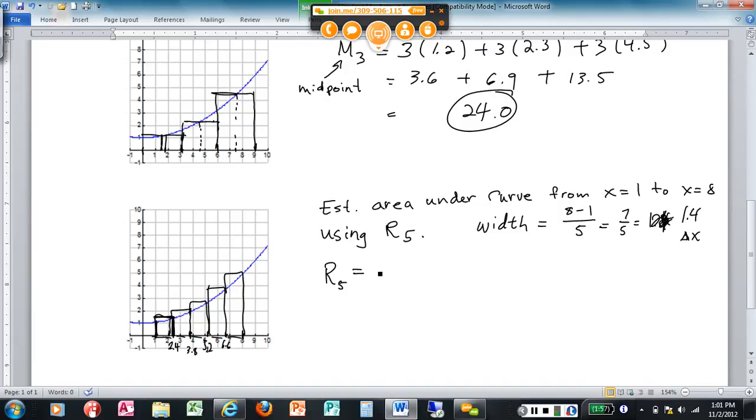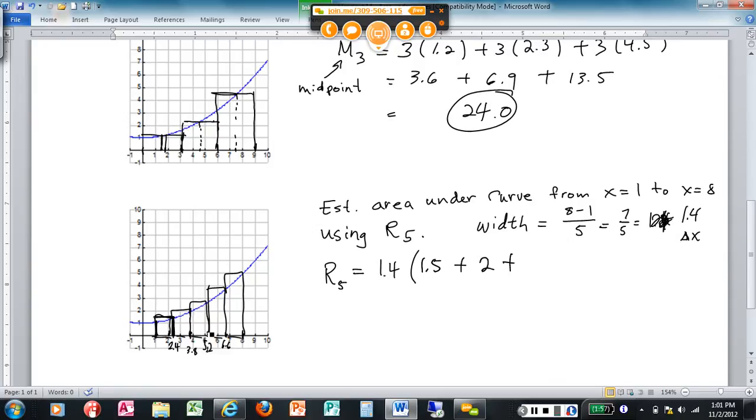R5 would then be 1.4. Let me just also show you here. You can do 1.4 times all of them, but 1.4 is going to be a factor in all those, isn't it? So I could just say 1.4 times add up all the heights. You with me on that? Okay. All right, so it'd be 1.4. That first height looks to be about, I'm going to call it 1.5. That second height is, at 3.8, I think it's, let's just say right at 2.